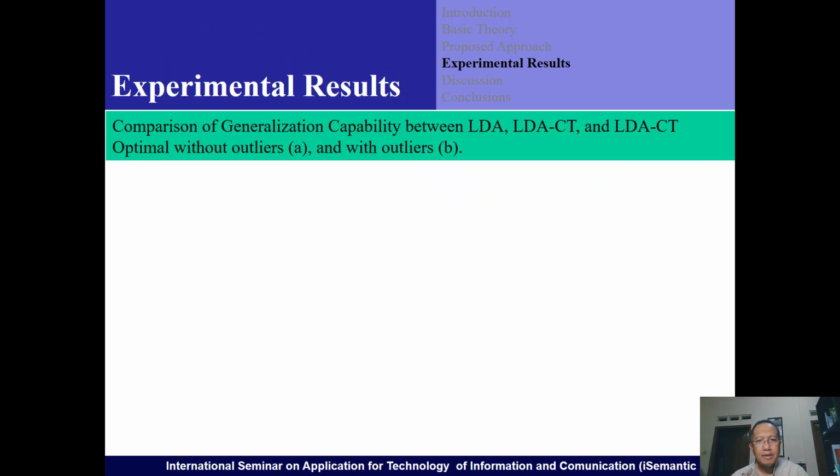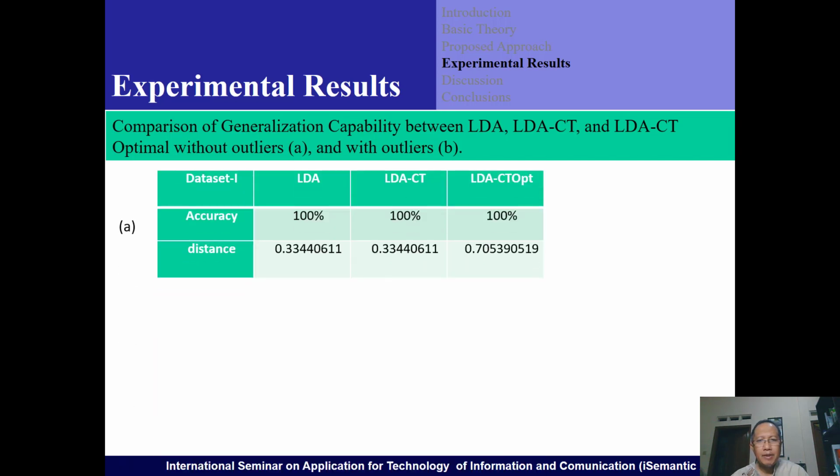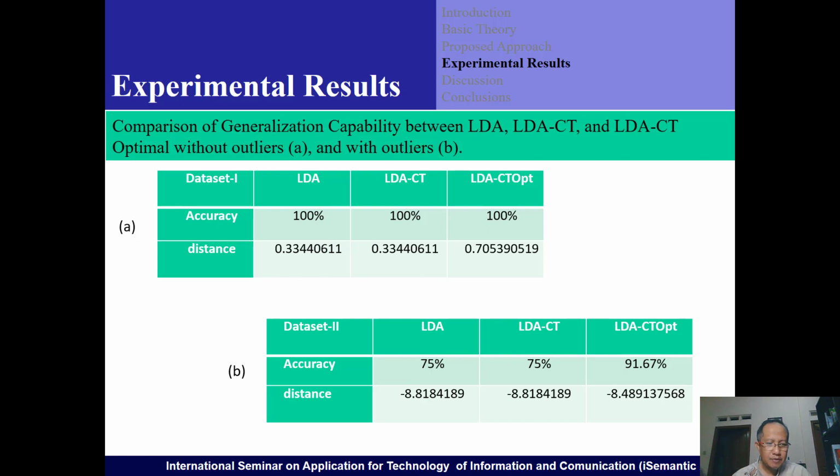Comparison of generalization capability between LDA, LDA-CT, and LDA-CT optimal, without outliers and with outliers. From tables A and B, it appears that LDA-CT with optimal gradient gave better results in terms of accuracy and the ability to separate the two classes.